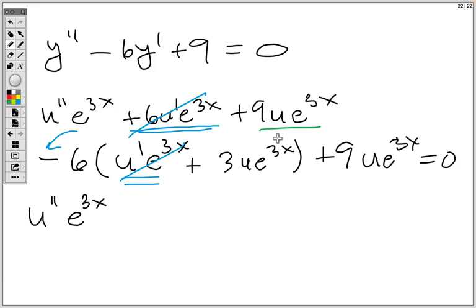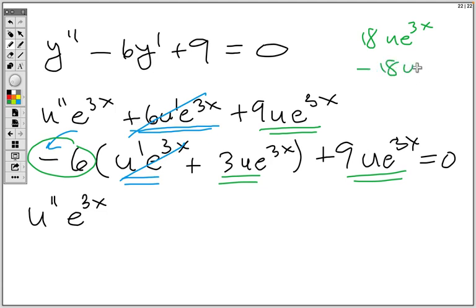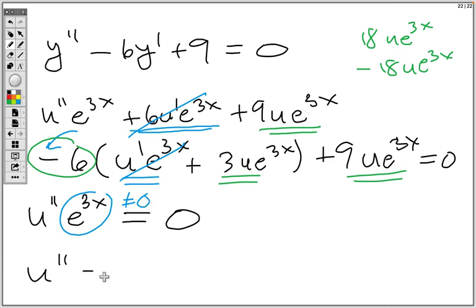We've got 9u e to the 3x plus another 9u e to the 3x, minus 18u e to the 3x. And by golly, look what happens. That all cancels out. So now we're left with that equal to 0. And we know e to the 3x can be all kinds of different things, but that's never 0. So I'm just left with u double prime equals 0.